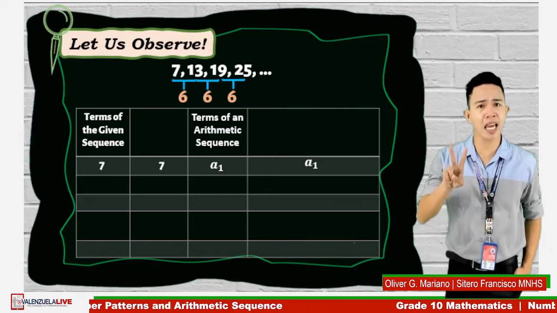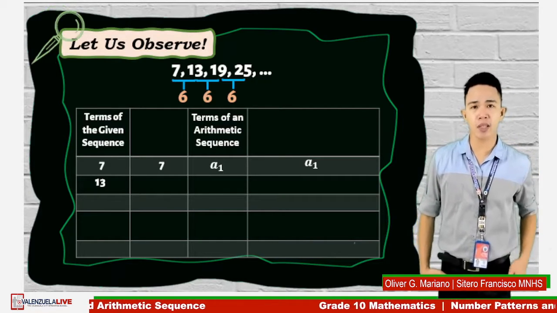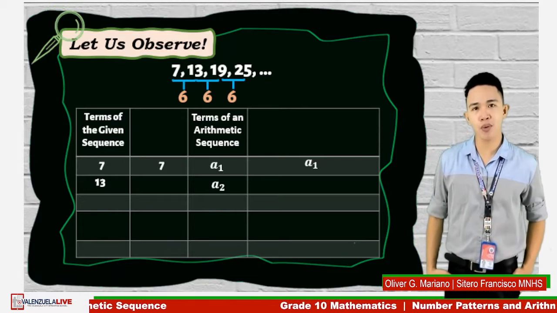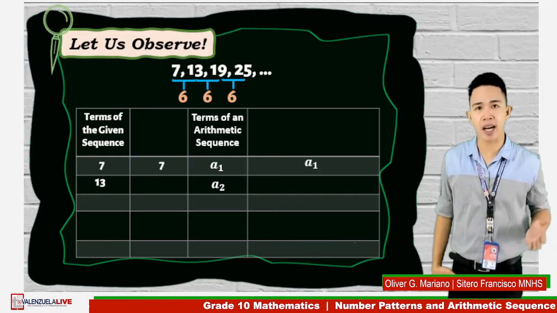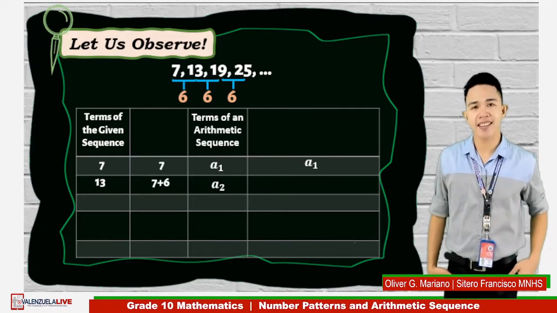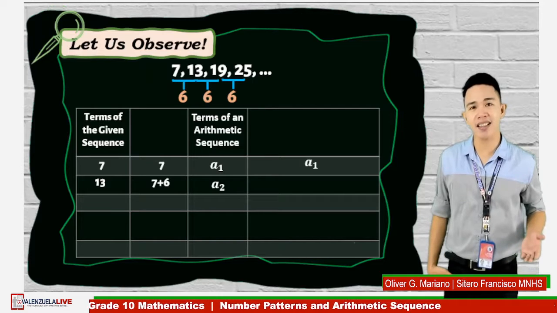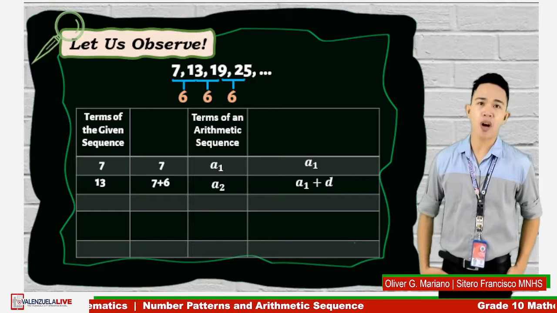Next is our second term, 13. This may be denoted by a sub 2. Observe that 13 is obtained by adding 6 to 7. Thus, in general, a sub 2 is obtained through a sub 1 plus d.